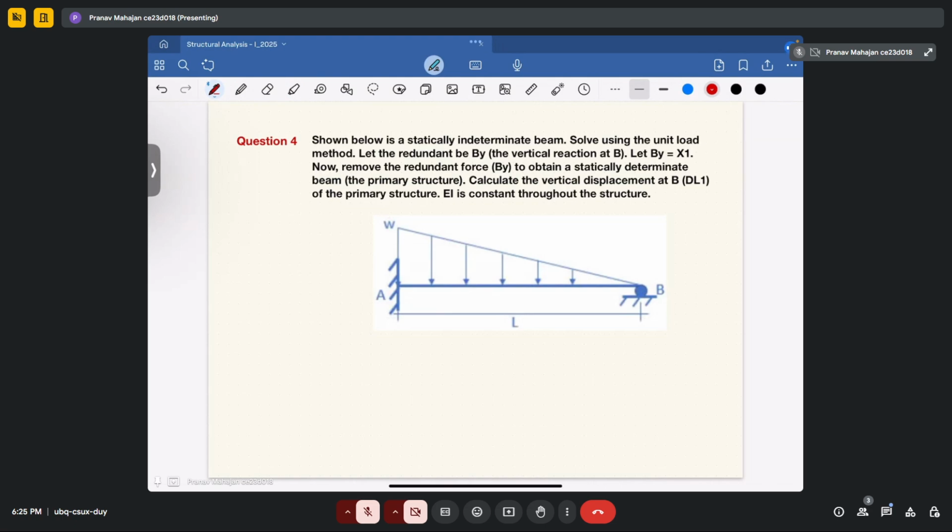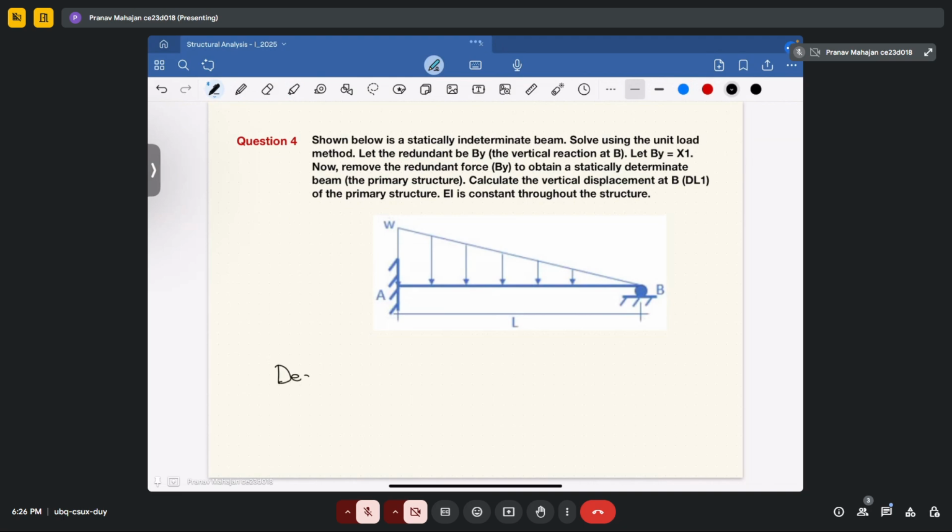Now remove the redundant force By to obtain the statically determinate beam, that is your primary structure, and then calculate the vertical displacement at B, that is your delta L1 of the primary structure, taking EI to be constant throughout the structure. So you have to perform the same procedure that you considered in the previous question. Let's solve this first. Since it is not mentioned, we will also see what the degree of static indeterminacy is in this case.